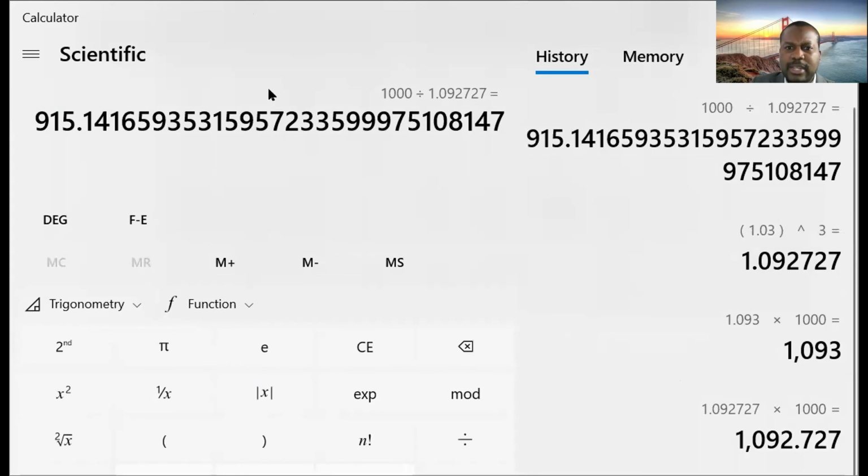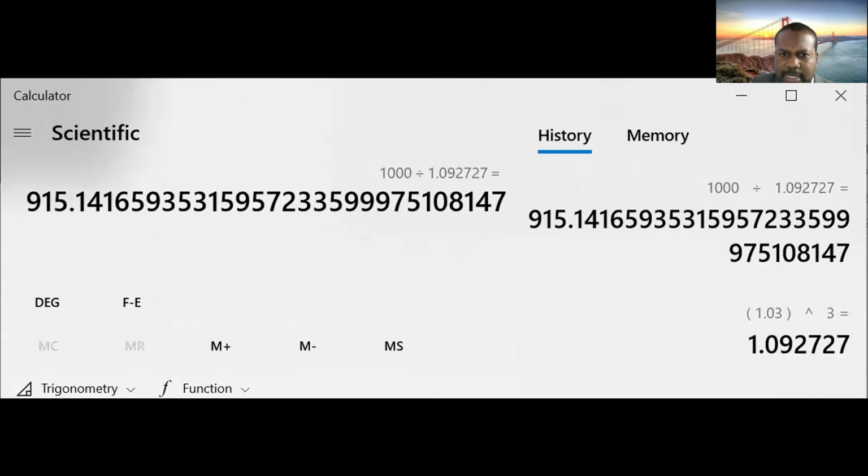Okay, so let's look at the figure. We have this actual one is 0.9151, 0.9151.